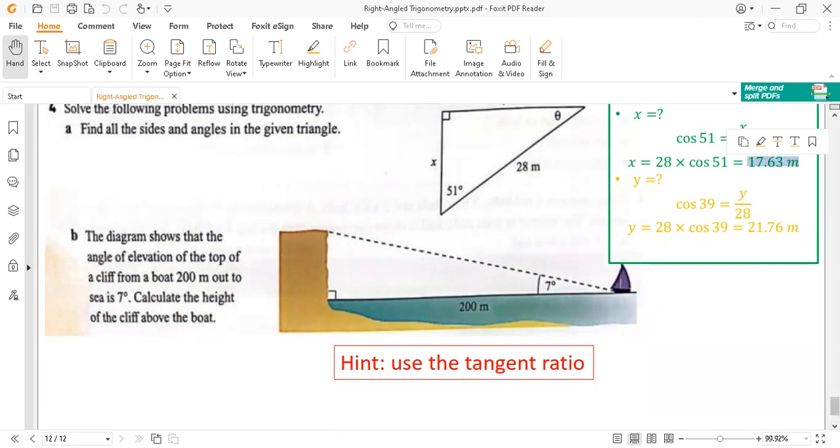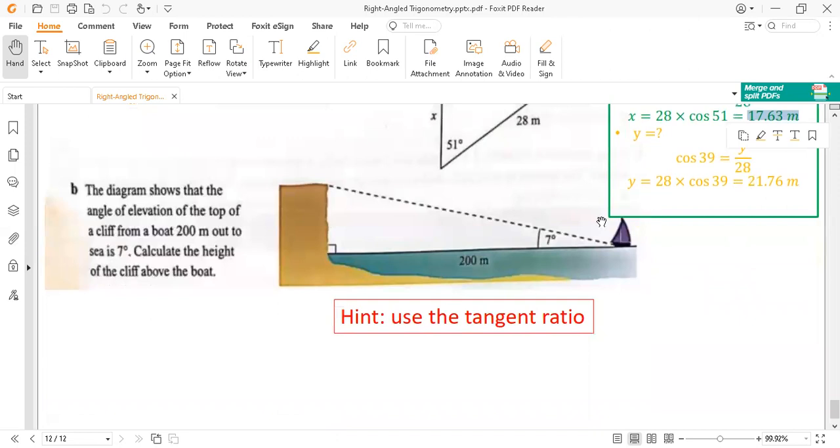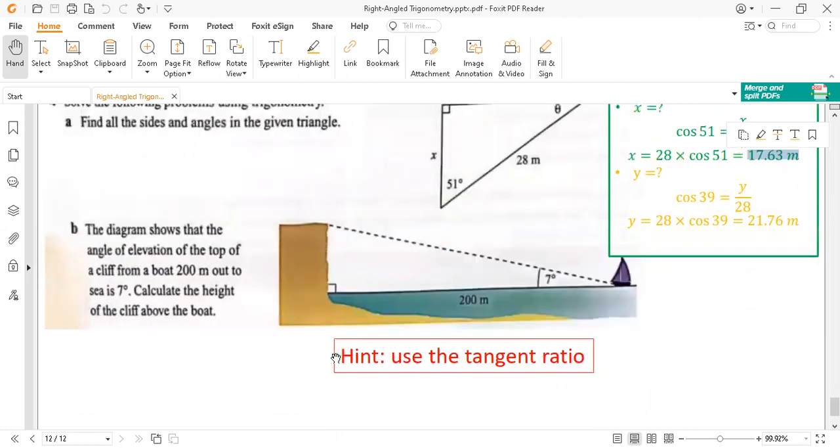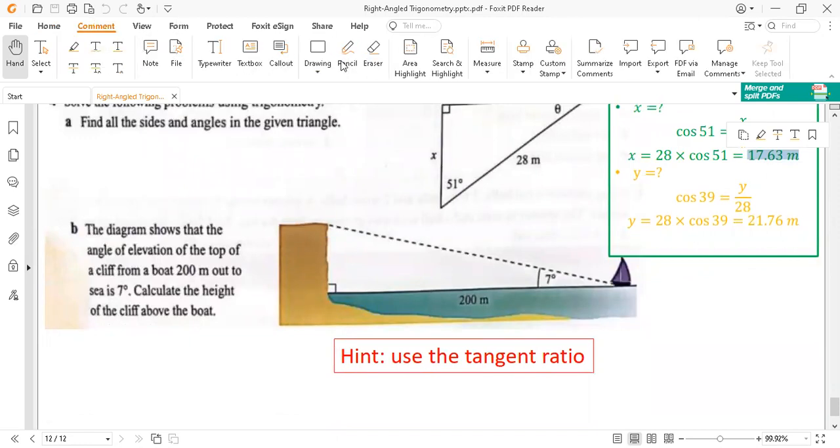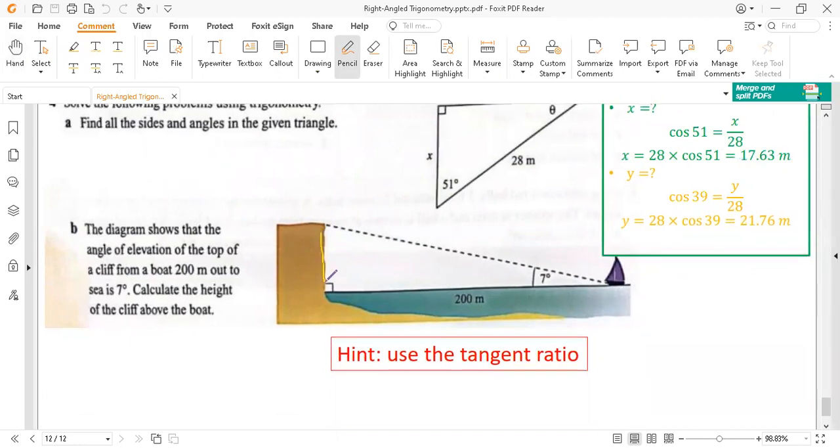For the last part in this question, we have a boat, and we want to find the height of the cliff above the boat. So normally we want to find this part, and this part represents the opposite to 7 degrees.